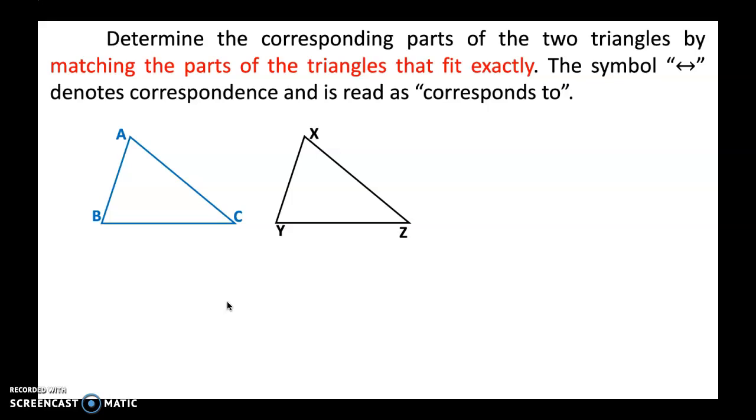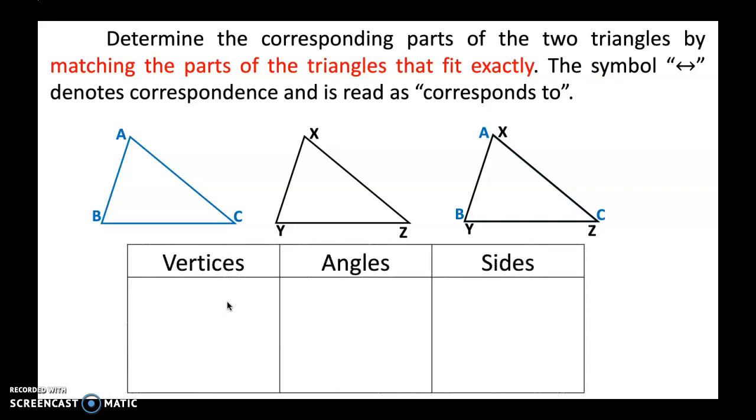So we have triangle ABC and triangle XYZ. Triangle ABC, we overlap to triangle XYZ. As you can see, they perfectly fit to each other. Now we can determine the corresponding parts of the two triangles.